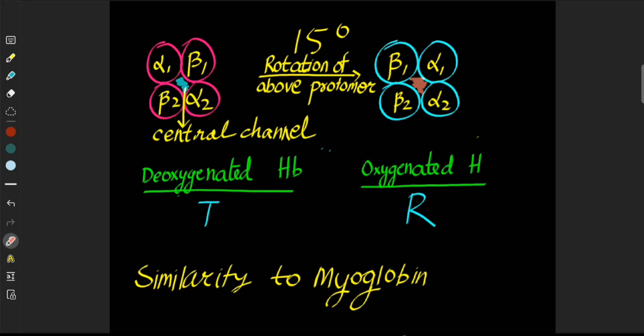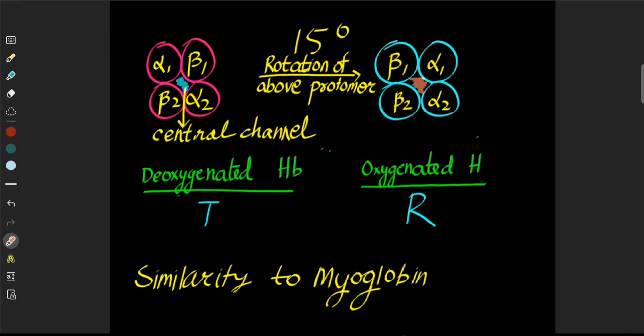Myoglobin was able to store the oxygen, but hemoglobin is very important in the transportation of oxygen. Not only oxygen, but sometimes it also transports H plus ions and CO2, which are the byproducts of tissue metabolism. So all these things are very important.